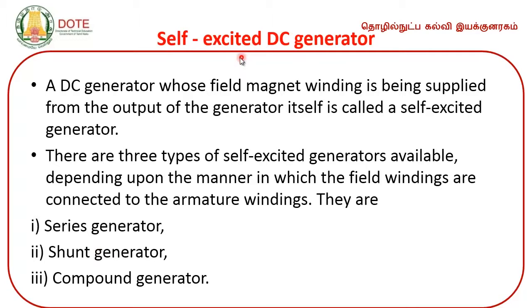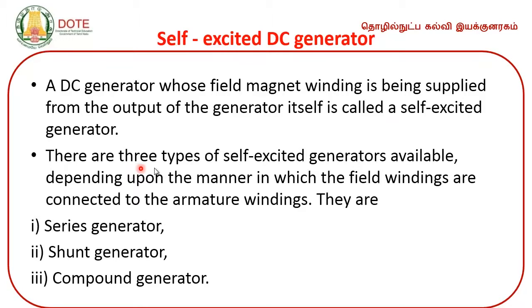Then comes the self excited DC generator. A DC generator whose field magnet winding is being supplied from the output of the generator itself is called a self excited generator. Here in the case of a self excited DC generator, the only difference is the excitation is made by itself, that is, we do not have any battery powered outside equipment to excite the field.